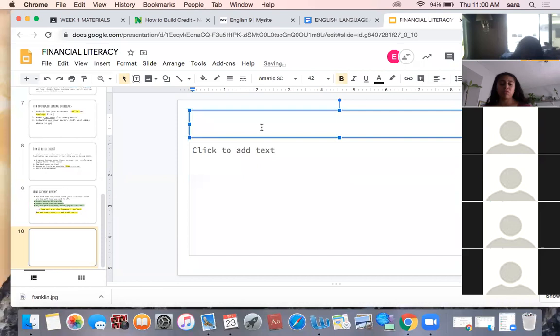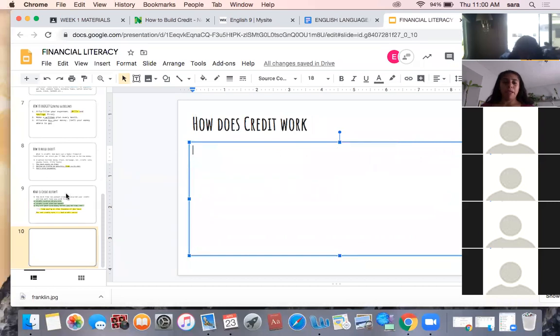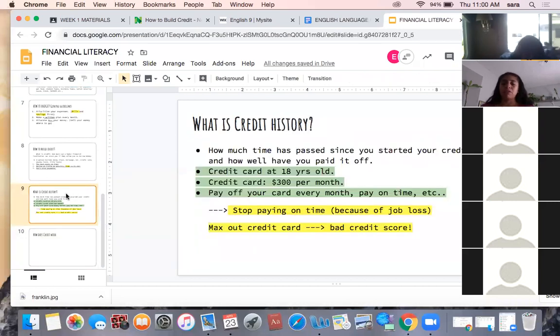So how does that work? Well, how does credit work? And I'll stay a bit on that so you can take notes. Again, this is a little scenario that I gave you to kind of explain credit history, but it's basically how much time has passed since you started your credit and how well have you paid it off, your debts, basically. How well have you managed it?